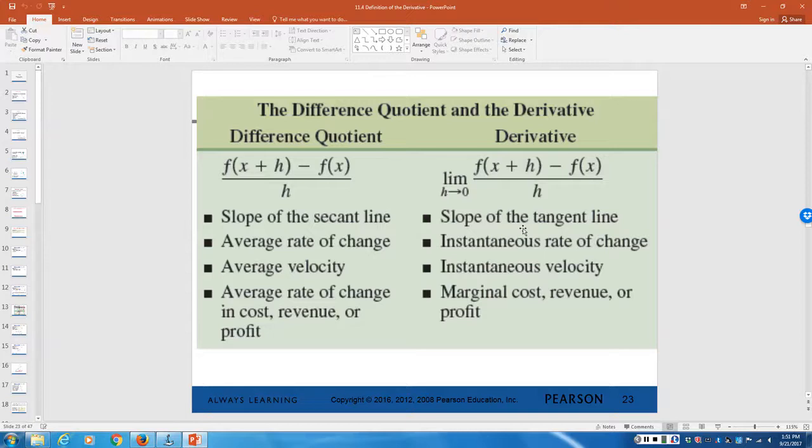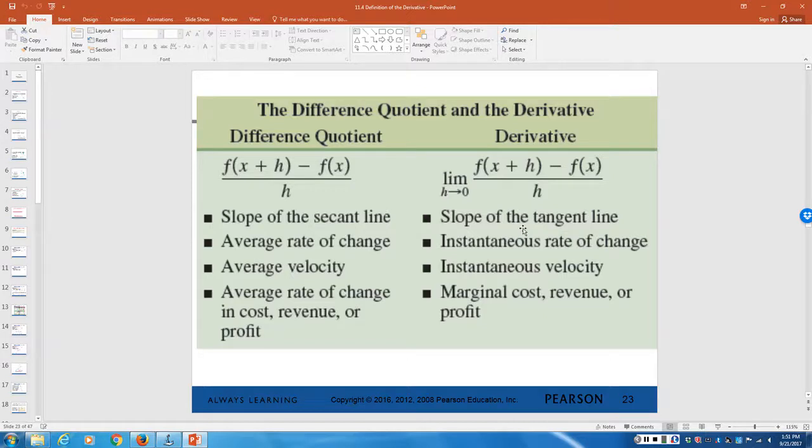And that's called the 4-step process, and we're going to practice that today. It gives you the slope of the tangent line, not the secant line, the tangent line. It's the instantaneous rate of change, not an average rate of change. It's the rate of change at one single instant in time, or one single value in your production.